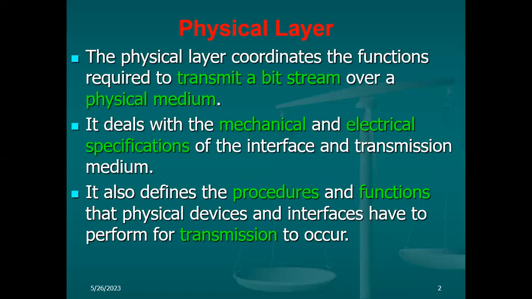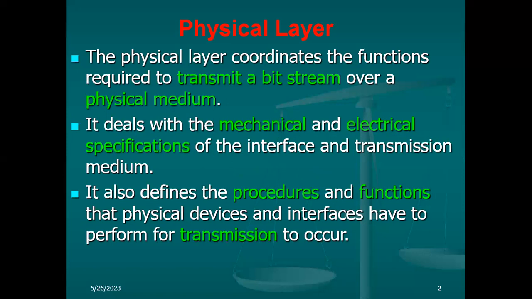You know very well about the lowermost layer of the OSI reference model, which is the physical layer. The main tasks of the physical layer we are going to discuss in today's class. What is the need of the physical layer?